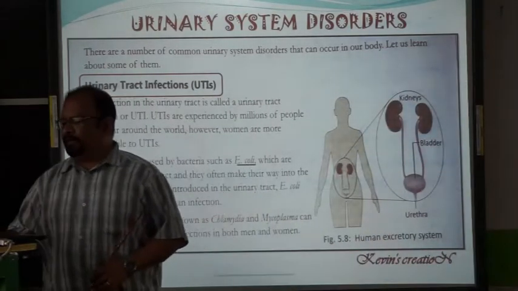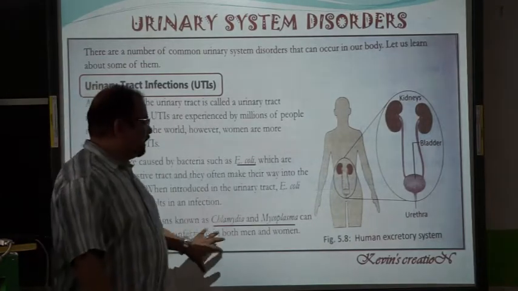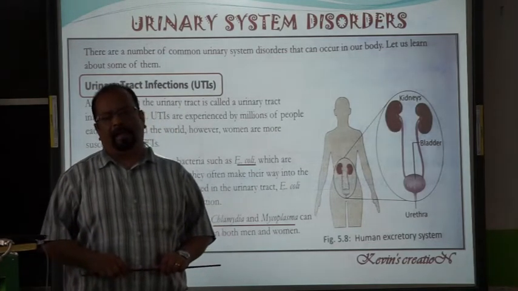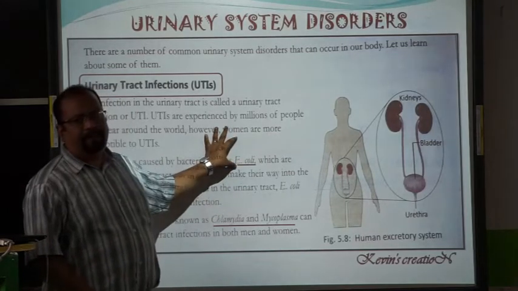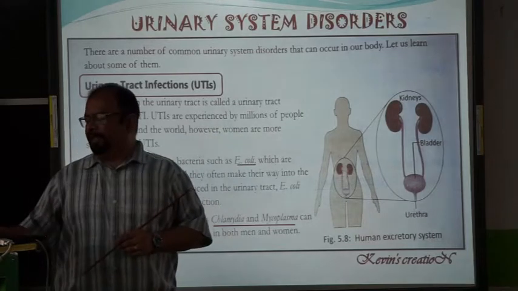So these two names you can also remember. They also cause urinary tract infection in both men and women. So this is a very common problem, UTI. People suffer from it, especially the ladies.